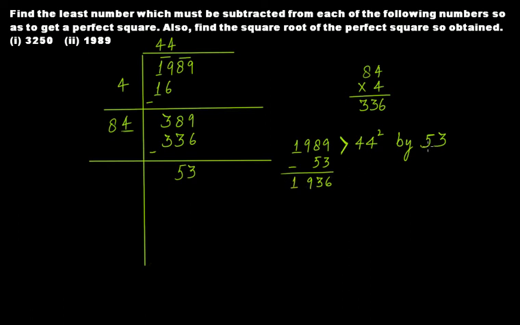So if you subtract 53, then here you get 36, and when it goes 4 times, you get finally remainder as 0, right? So 1936 is that number which you get after subtracting 53 from 1989. 1936 is now a square number whose square root is 44, right?